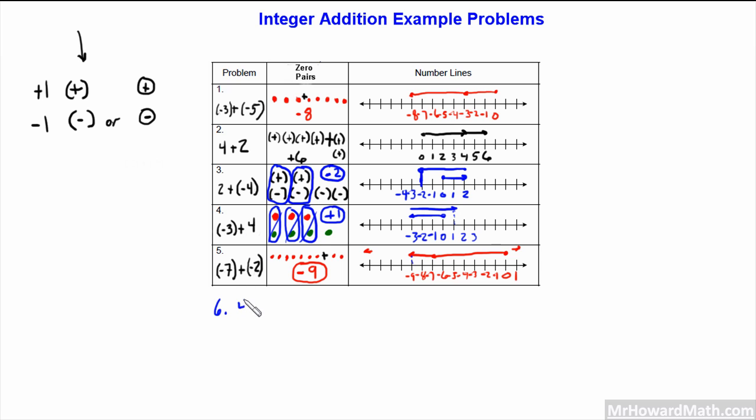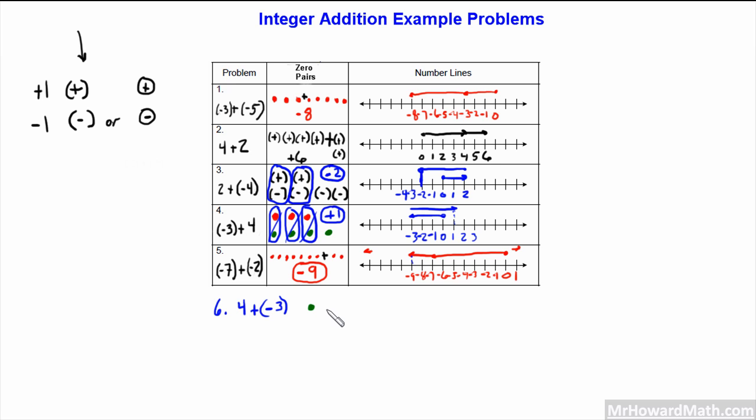4 plus negative 3. Okay, so you can see here this is the same numbers. We have a positive 4, negative 3, and I want to show you that we will get positive 1. Okay, so let's do our 0 pairs. We'll start with the positives, right, because that's first, the positive 4.